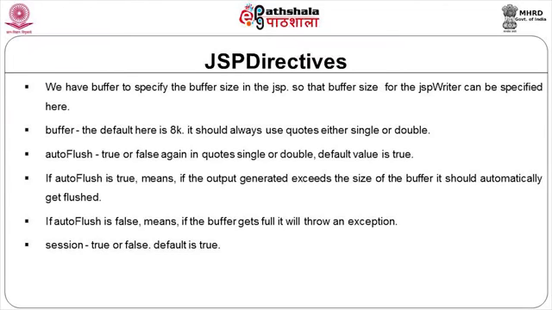The buffer size of the JSP writer can be specified here by using an attribute called buffer size. You may specify some size, such as 8K, which is the default value anyway. You could specify whatever you would like to use as the size for the JSP writer.